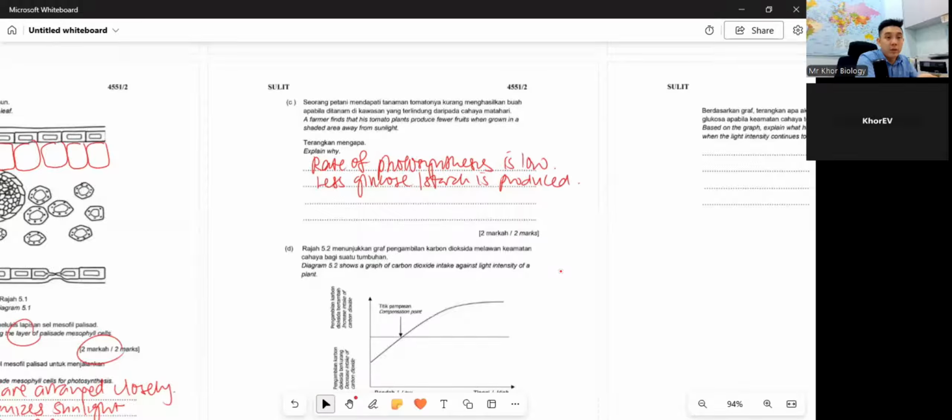And because of that, the plant grows lesser fruits. But this is sufficient, quite a simple one.